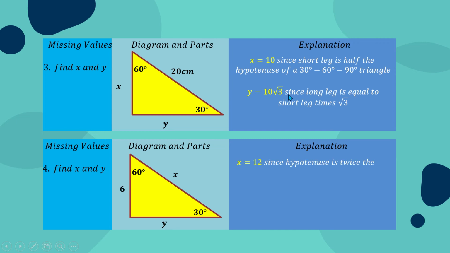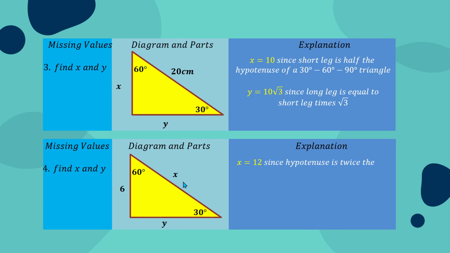The fourth example, ang atong given is short leg. Ang missing, long leg, then hypotenuse. So pwede rin mag-solve ka, use first the long leg, then hypotenuse. Depende kung asa ka komportable. Since our given is the short leg, okay, to continue, our short leg is measuring 6.